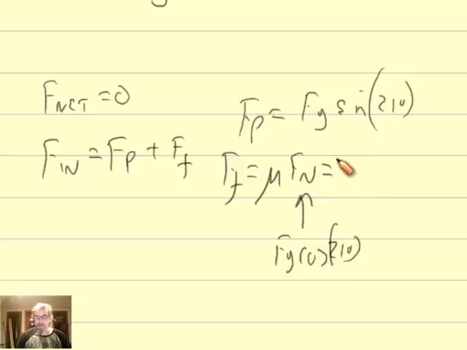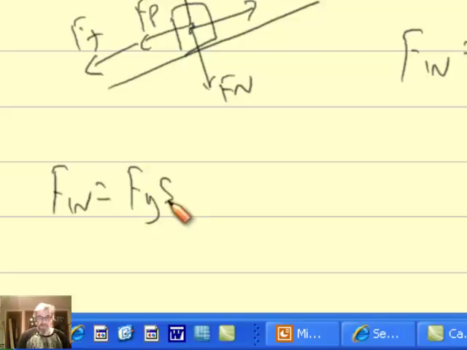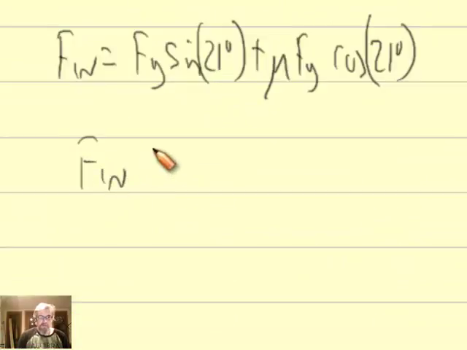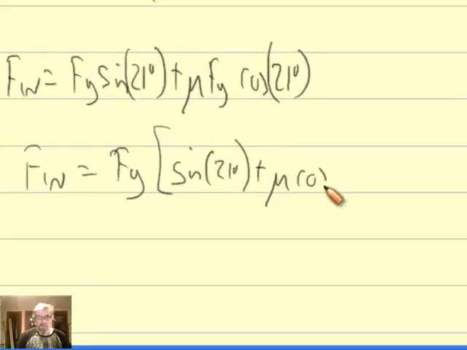So knowing that, we could say that force of friction is equal to mu times the weight times the cosine of 21 degrees. So that means our input force is Fg sine 21 degrees plus mu Fg cosine 21 degrees. Well, we can take Fg out of here and simplify this a little bit because it's in both terms. So Fg times the sine of 21 degrees plus mu times the cosine of 21 degrees is what input force is.